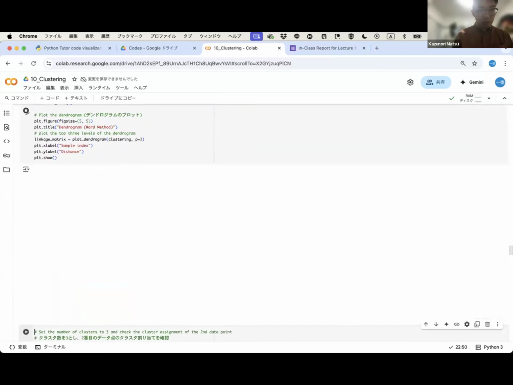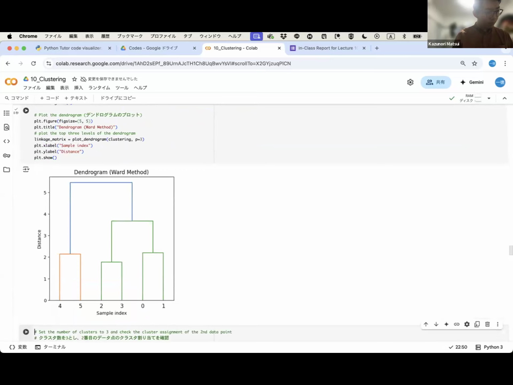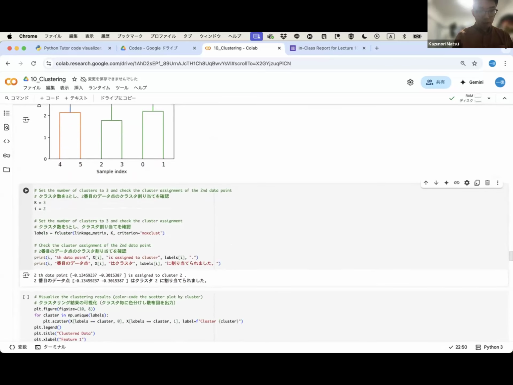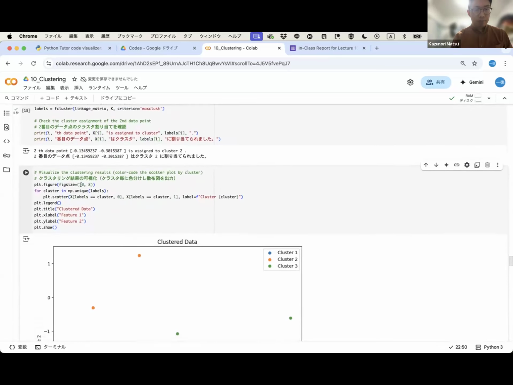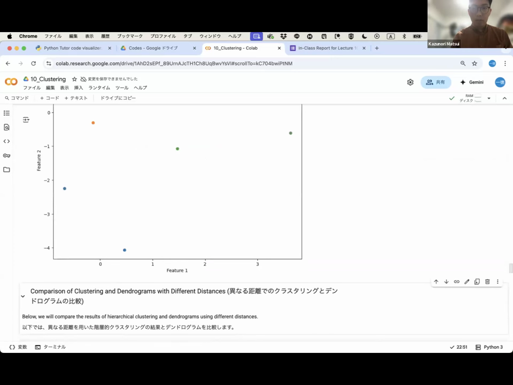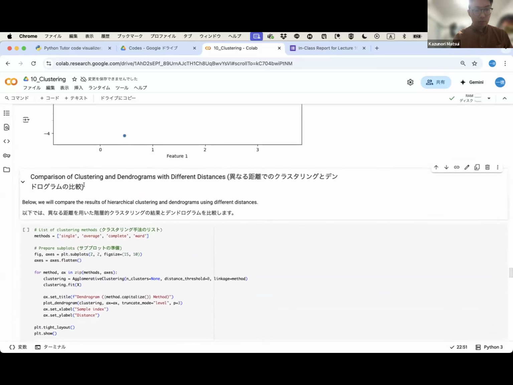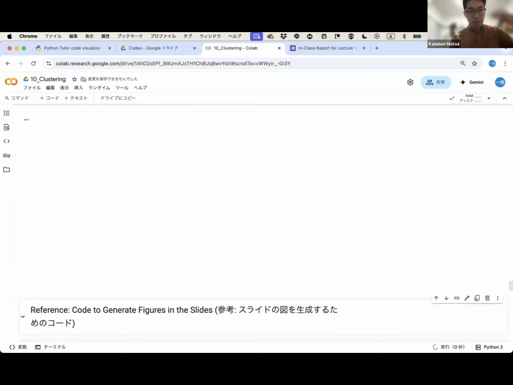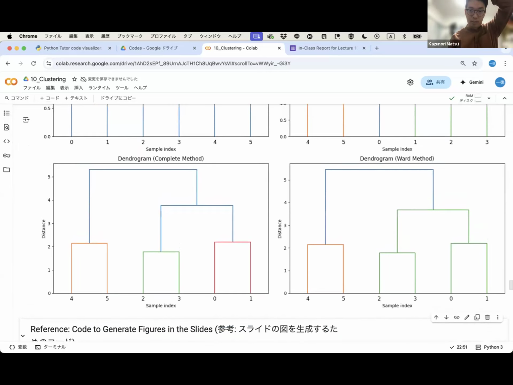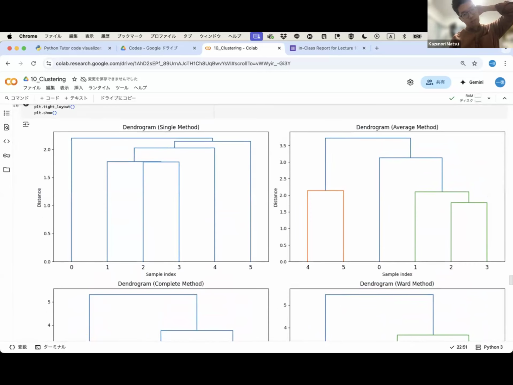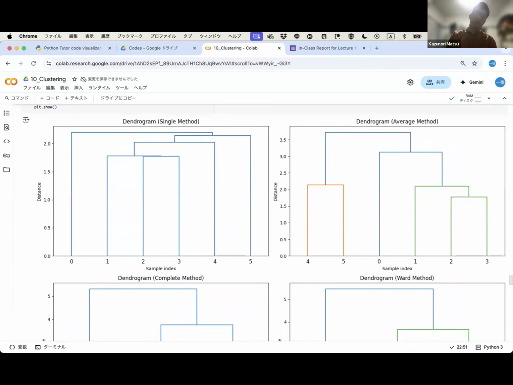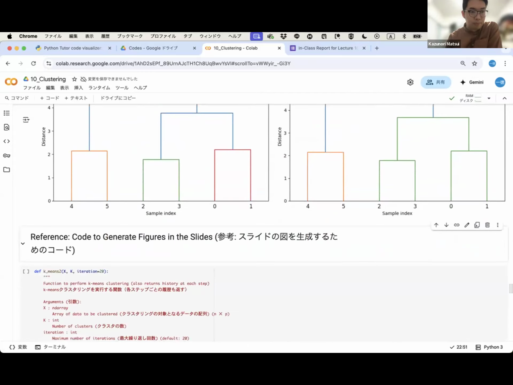So it looks like this. These are slide figures.